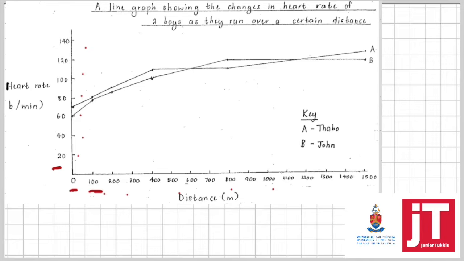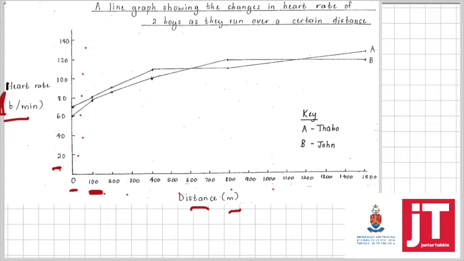So here, on the dependent variable, there it is, heart rate, beats per minute. I just want to close my bracket, beats per minute. And then x-axis, distance, meters. Always have heading and unit, please. And then make sure again, I start off with 100, so I go up in multiples of 100, here 20, and I go up in multiples of 20.